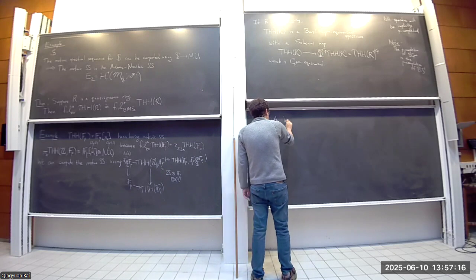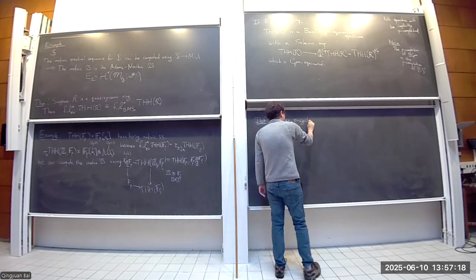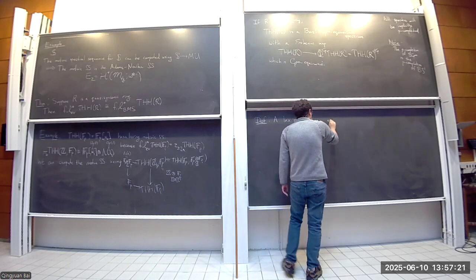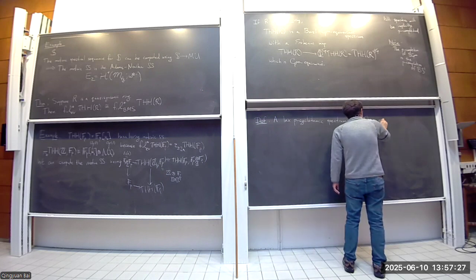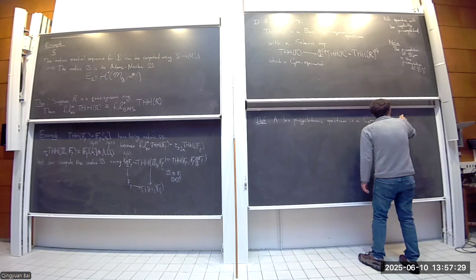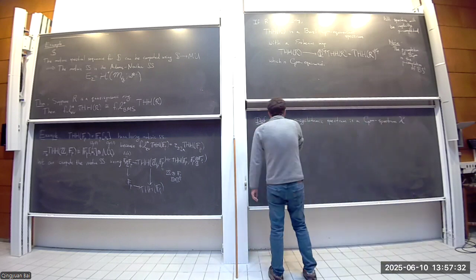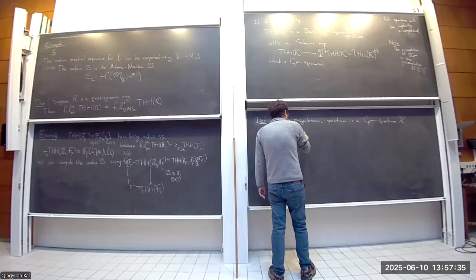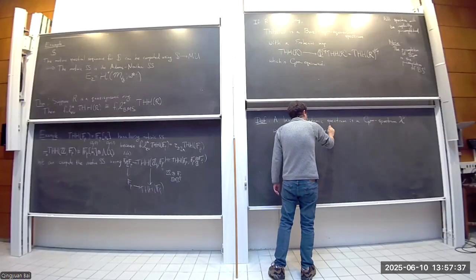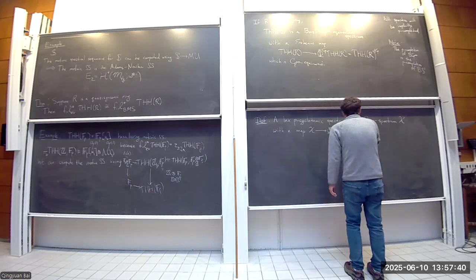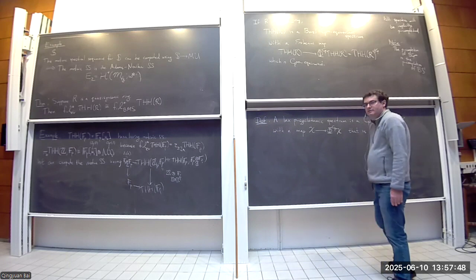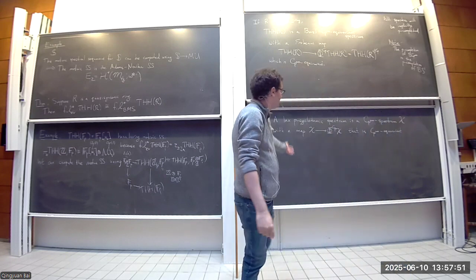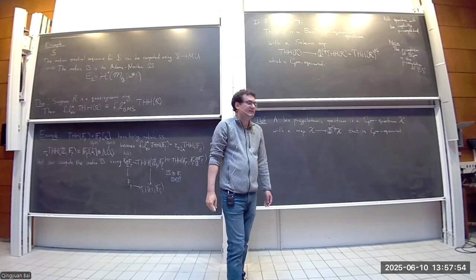The lax Cyclotomic spectrum is a C_p^infinity spectrum X with a map. Okay, so it's exactly the structure that's present on THH.